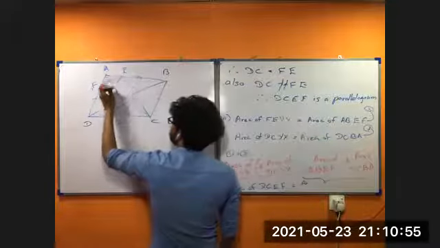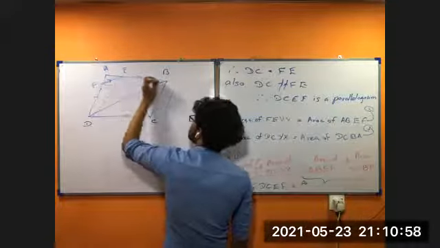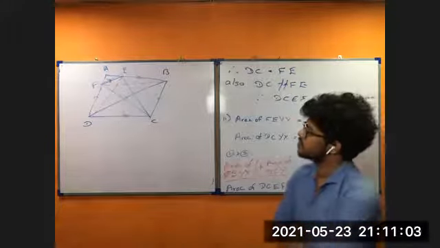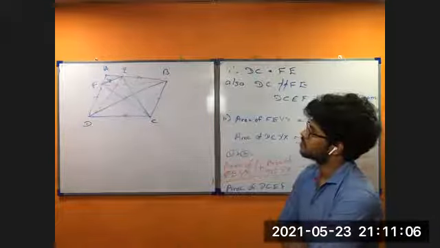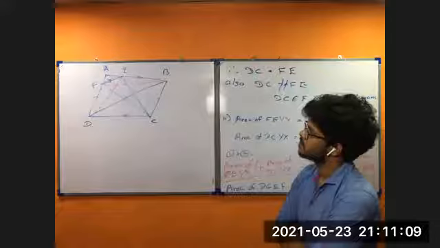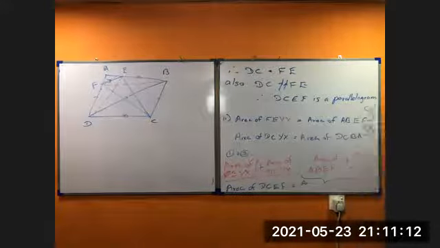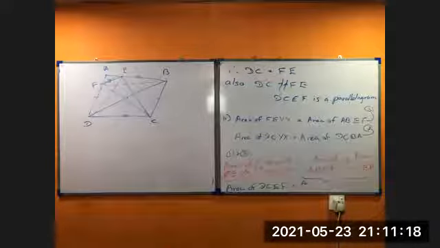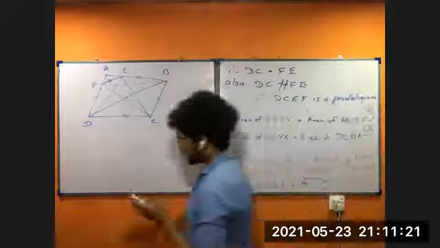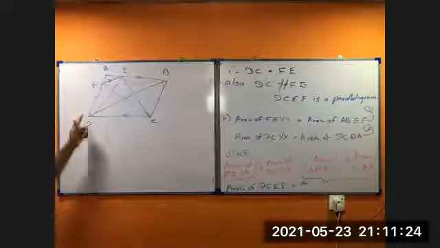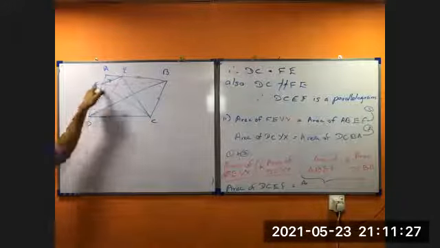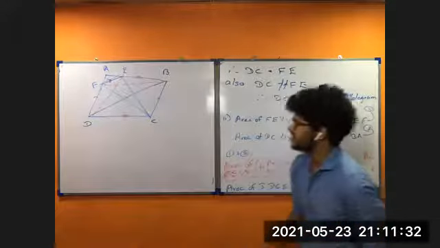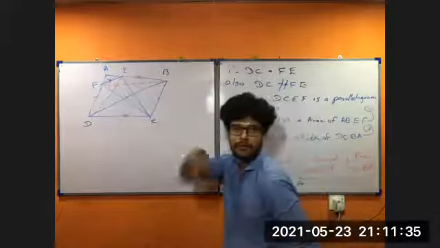So let me just draw something like this. Look, I just drew some lines from E to D and F to B. I did it to check how to find the answer; you can do some scratch work whenever you are struggling.